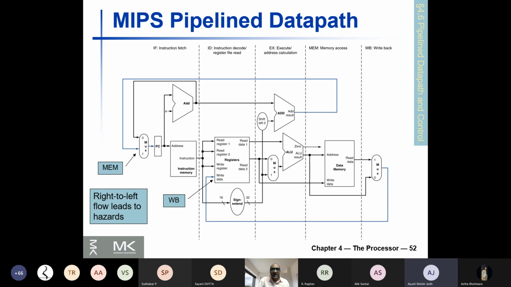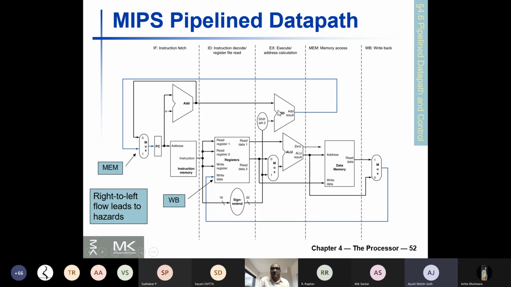Still, as long as the instruction execution takes place until completion, all the data path components will be engaged with that particular instruction itself.